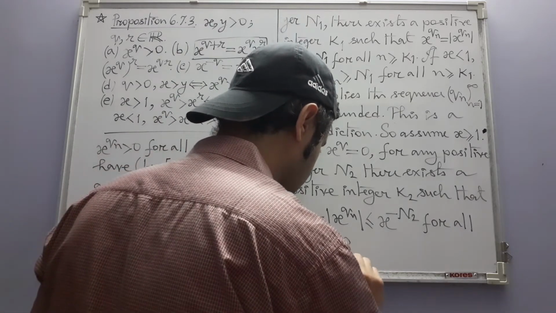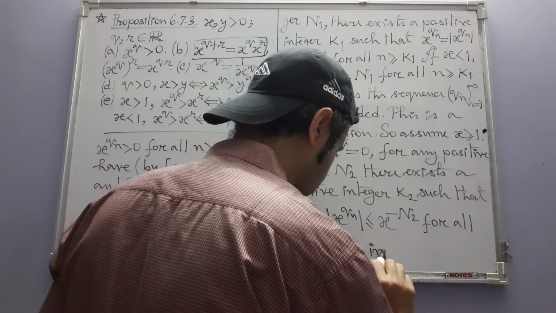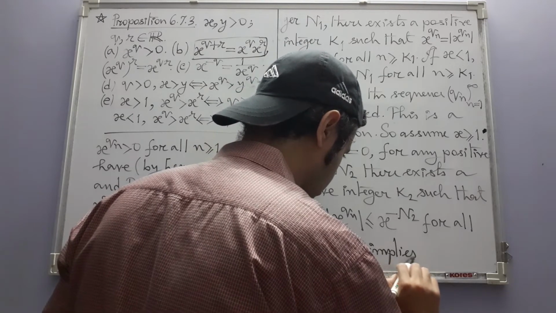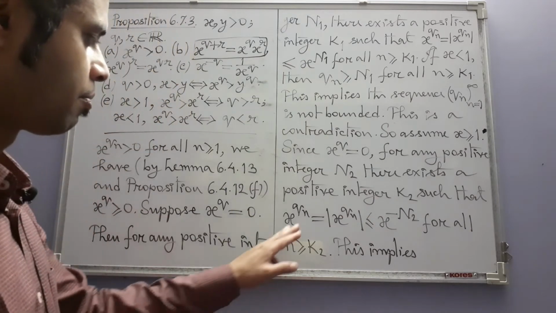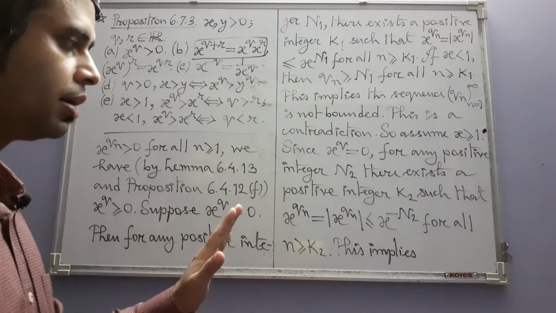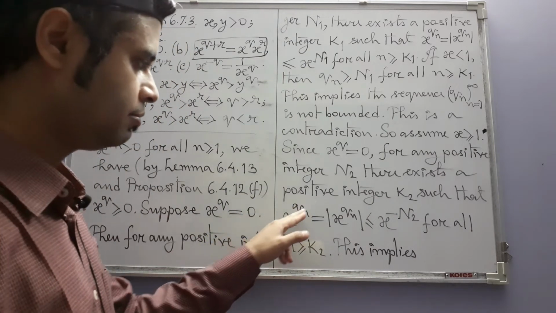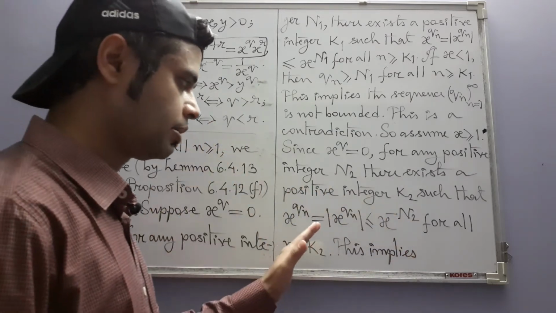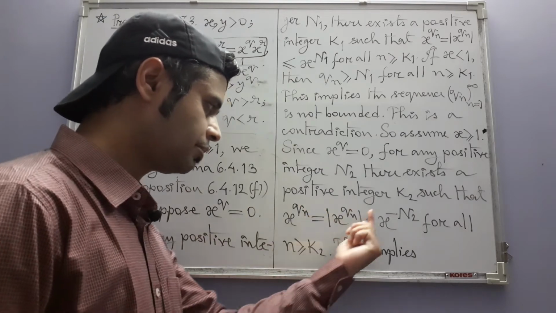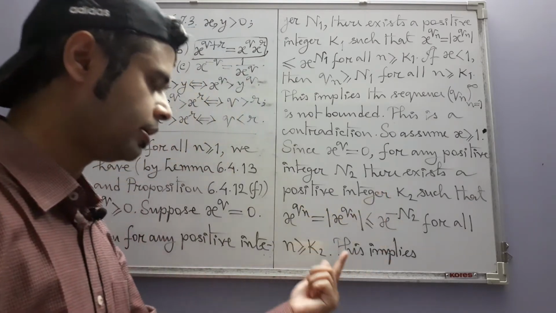This implies, now the inequality will not get reversed. I mean, when we write an inequality for the exponents, those inequalities will not get reversed, they will be like this only.